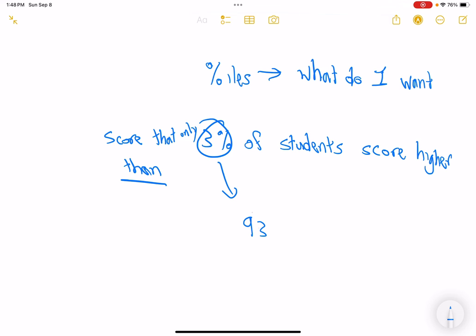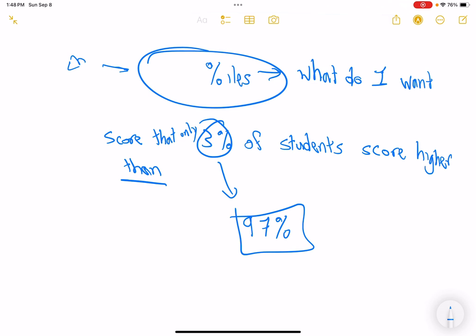I want the 97th percentile. Okay, so check your percentiles, check them. Make sure you are looking for the correct thing when you are going through them. These are tiny slip-ups people often make.